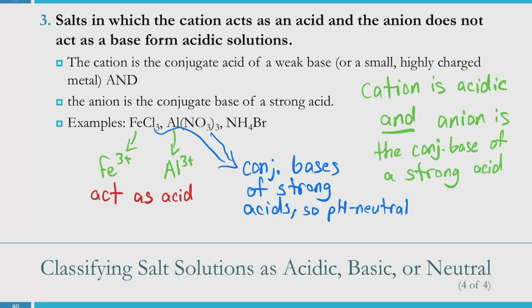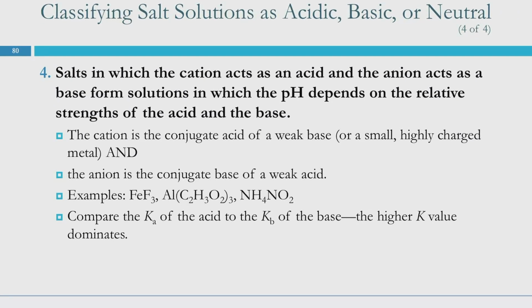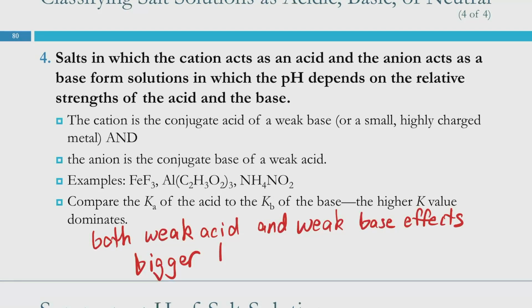And then our fourth and final scenario is if both of them contribute. So both weak acid and weak base effects. The bigger K wins.